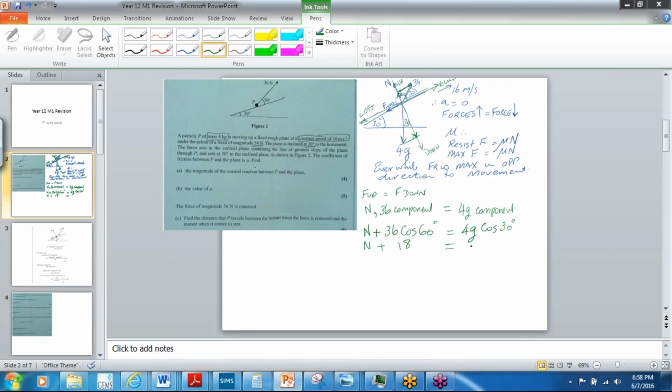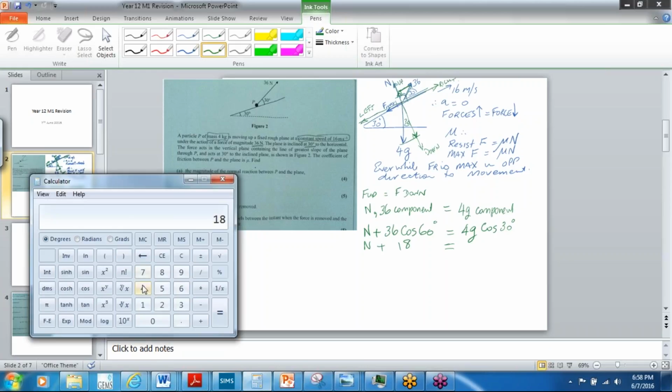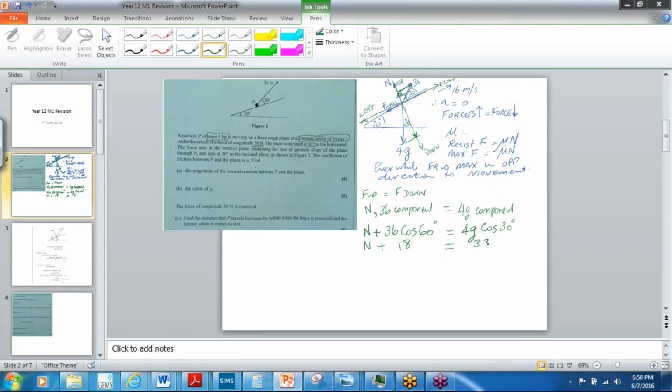Now 4g cos 30. So let's get our calculator. 4 times g, 9.8, times cos 30, cos 30 is 0.866. So we've got 33.948.